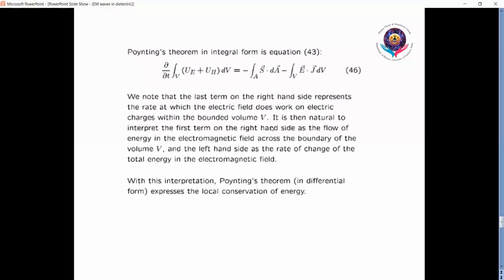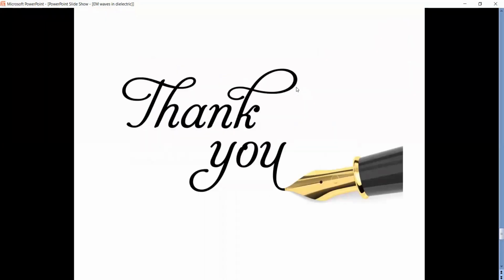The Poynting theorem gives the law of conservation of energy at a particular area and at a particular time. At a particular area, I mean that the volume is bounded in a closed surface. So we end it here.